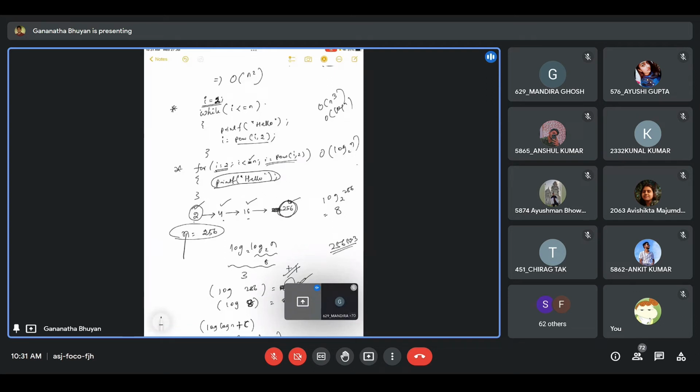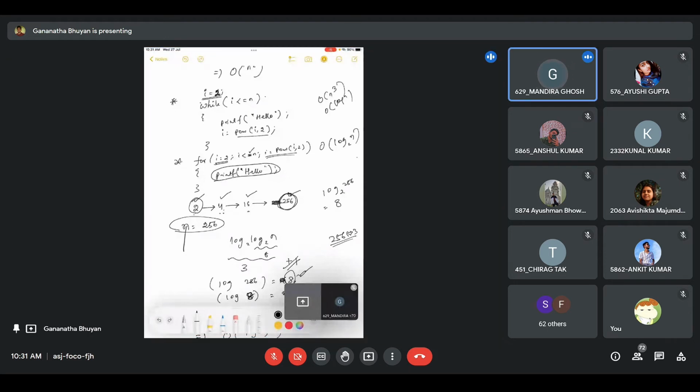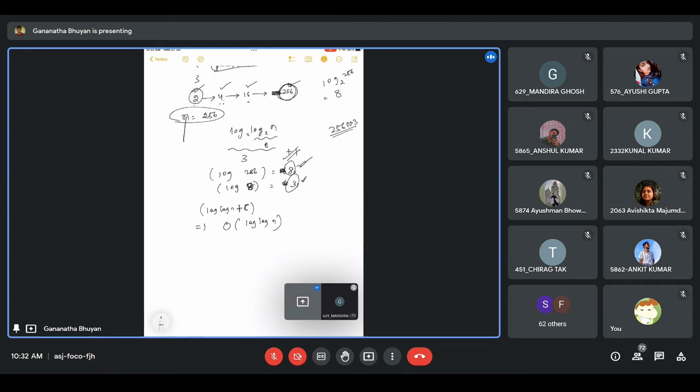So somewhere log will be there, because see, 4 by 2 is 2, 16 by 4 is 4. Now 256 by 16 is 16. So the denominator is not constant here. So you are saying by 2 you will do, the 8 divided by 2, something like that, right? But here the denominator is not constant, is it? Not constant, right? But one thing is constant, that if you are performing log, then it is giving a constant value. So इसलिए यहाँ पर तुम एक दूसरा वैल्यू ले सकते हो.